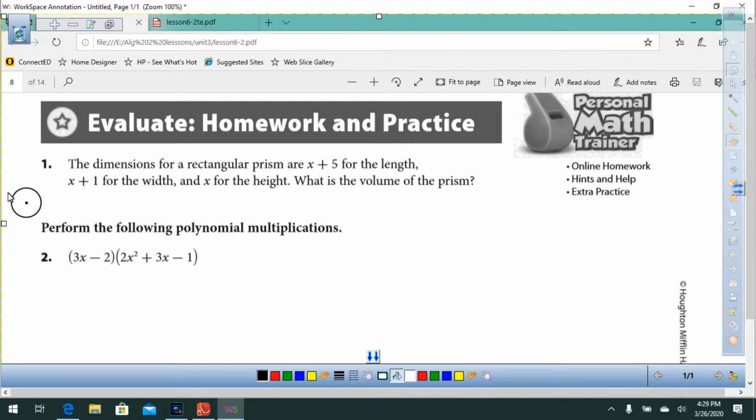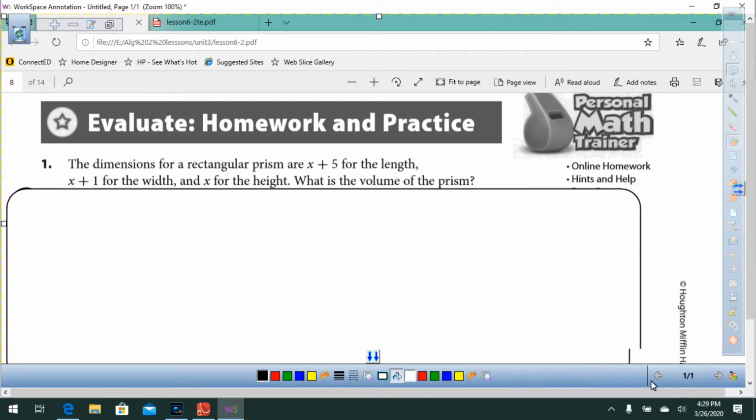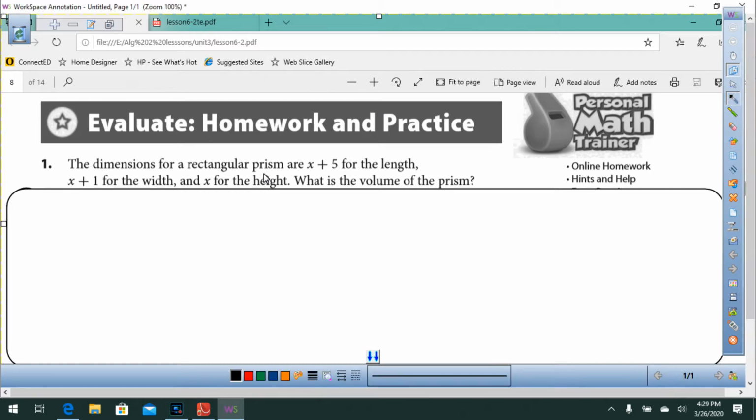All right. In the last lesson, we did addition and subtraction, and with addition and subtraction you had to combine like terms. Multiplication, you can multiply anything.